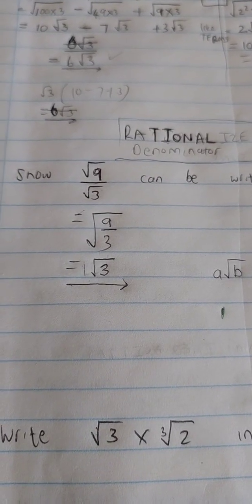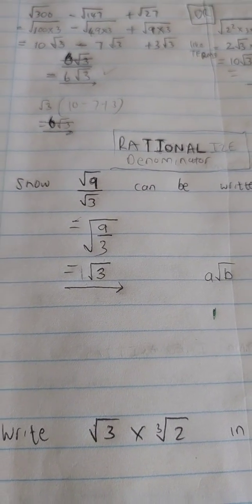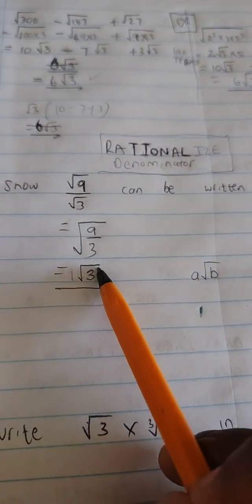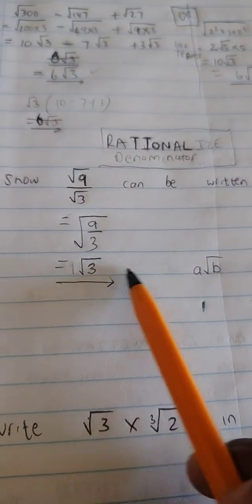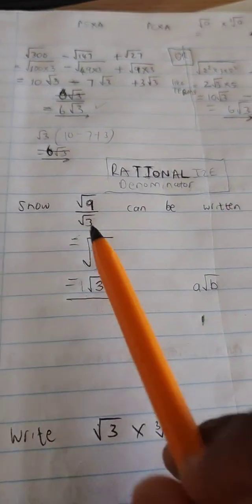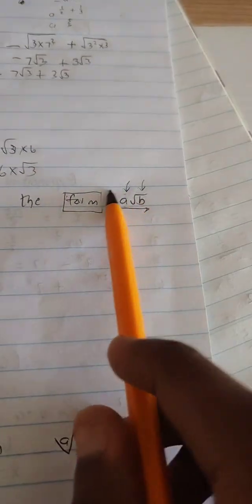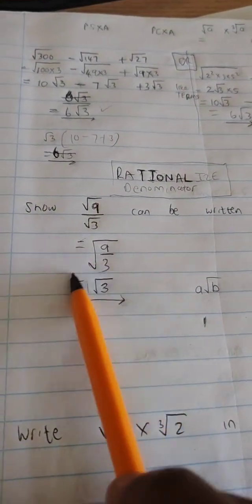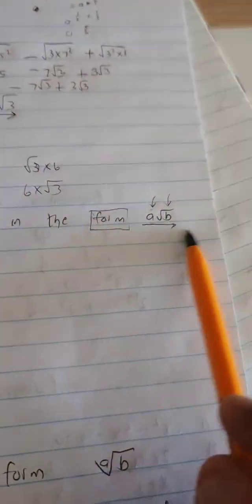But present. We know that. The b stands for the 3 that we see inside the root. So can we then say that we have shown that this is written in this form? Definitely. The answer here is showcasing this form.